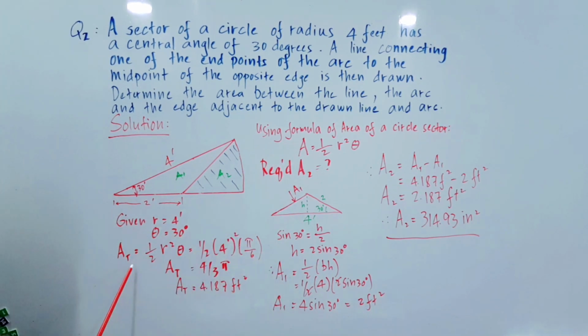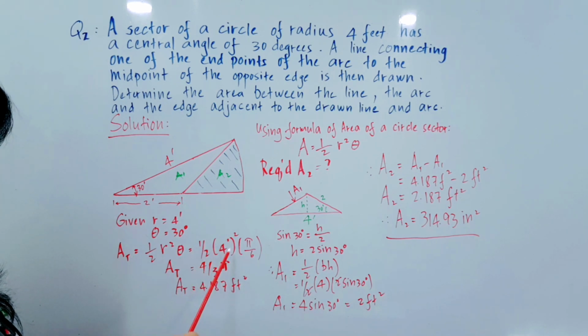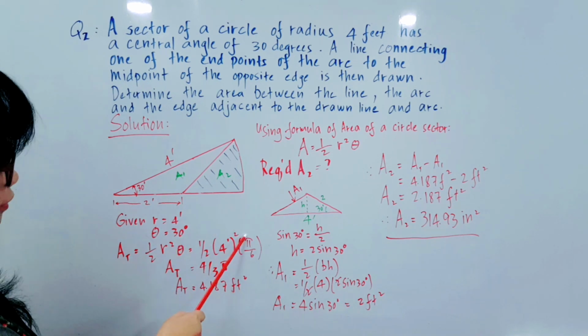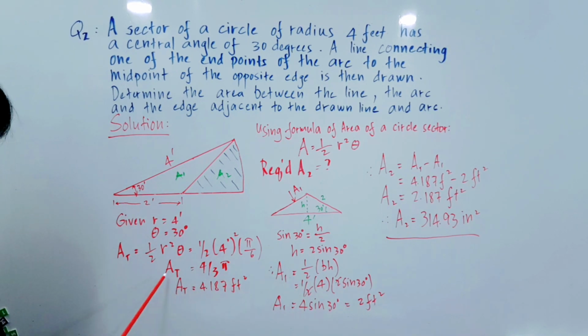Using this area formula, A = 1/2 r squared theta, which is equal to 1/2 times the radius, 4 feet squared, multiplied by theta, which is 30 degrees, changed to radians, pi over 6. The total area, therefore, is equal to 4/3 pi.